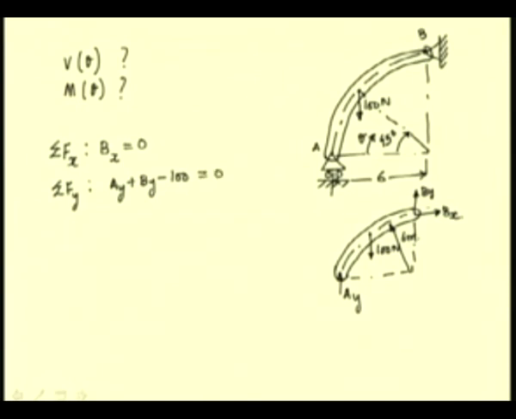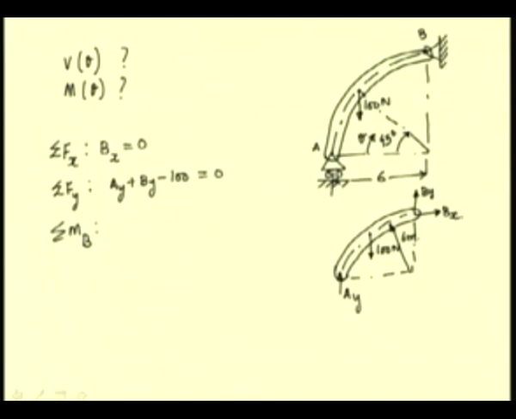Let us take a moment equation, and it is convenient to take the equation about B. Then we will be able to find this reaction Ay, and equate it to 0.